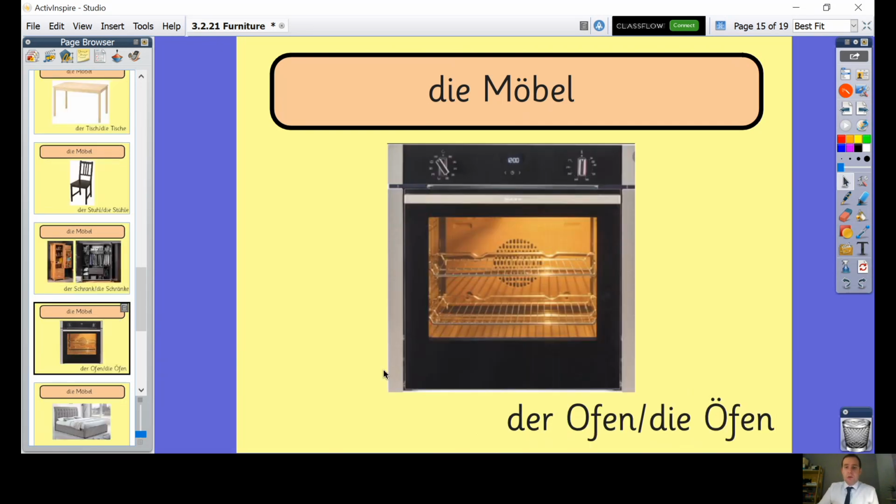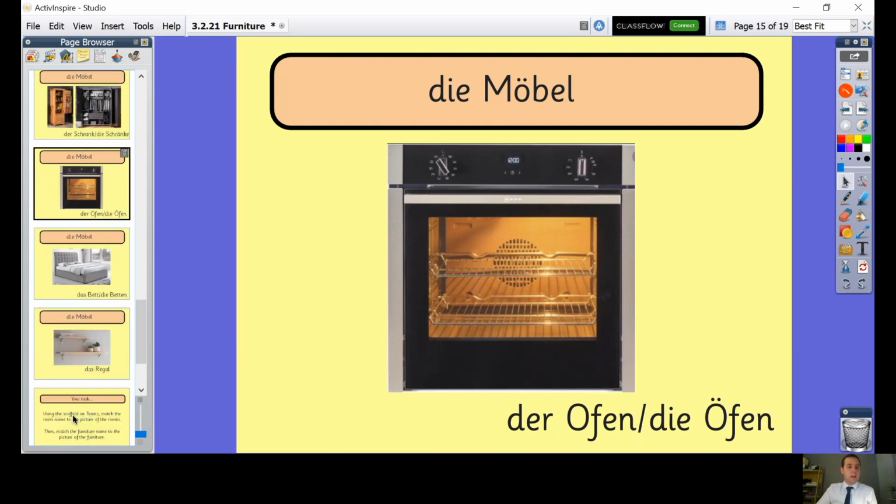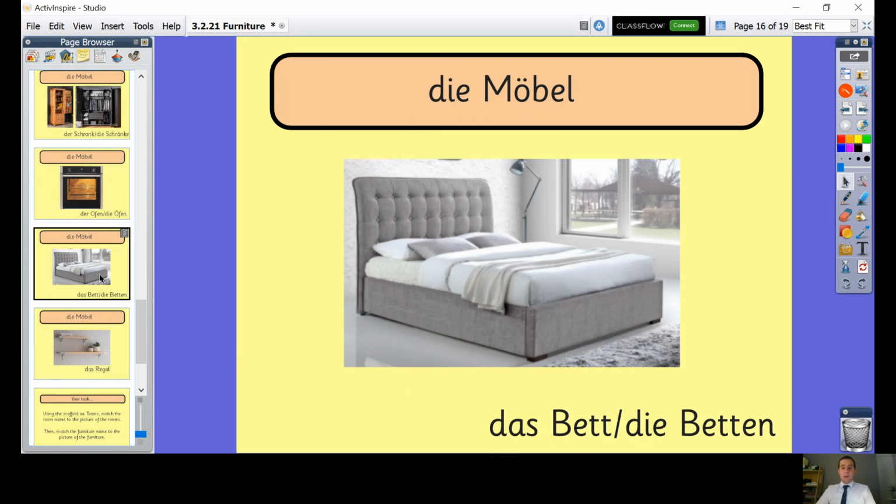Okay. We have here as well der Ofen, which is for oven, and the plural is die Öfen. That sounds very like English, der Ofen. It's the off sound, not of, it's often. Der Ofen. That sound shortens the vowel. And we also have as well das Bett or die Betten for the bed.